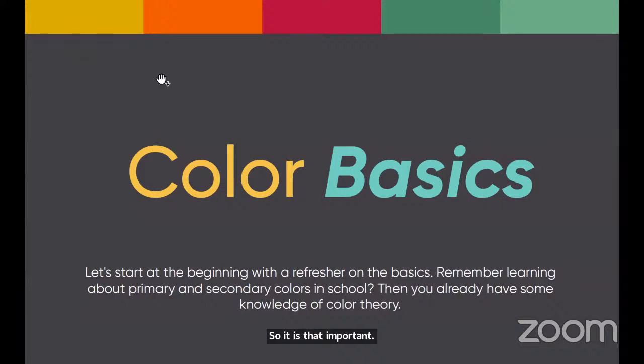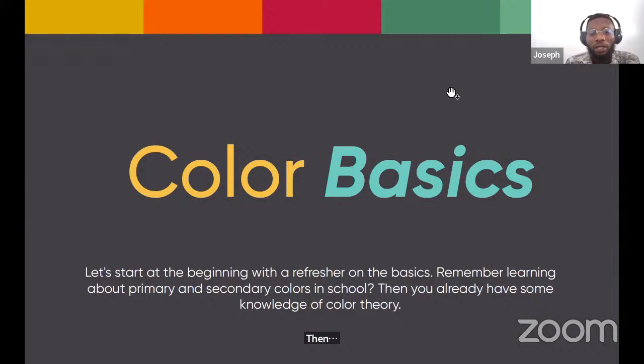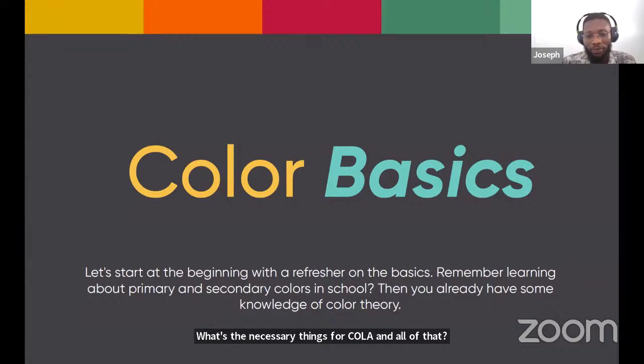Then, color basics. You are thinking, okay, so how do I understand what are the necessary things for color and all of that? Let's start from the beginning, right? Which is the basics. I'm sure everybody here knows primary color, secondary color, and tertiary color.